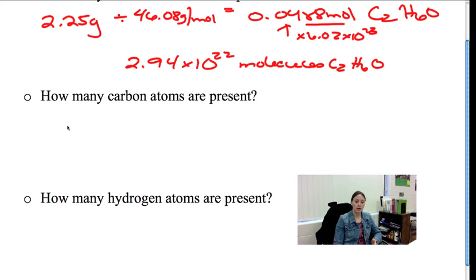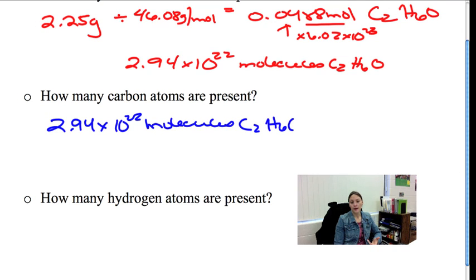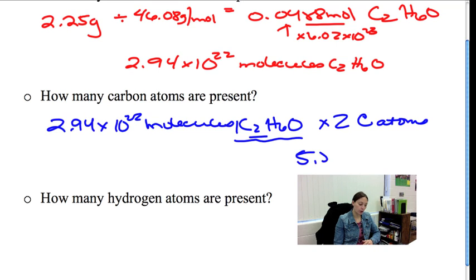If there are 2.94 times 10 to the 22nd molecules of the whole thing, that means I'm going to have twice that number of carbon atoms, because there are 2 carbons for every 1 of the whole thing. So we just take that molecule number times 2, which gives us the 5.89 times 10 to the 22nd atoms of carbon.